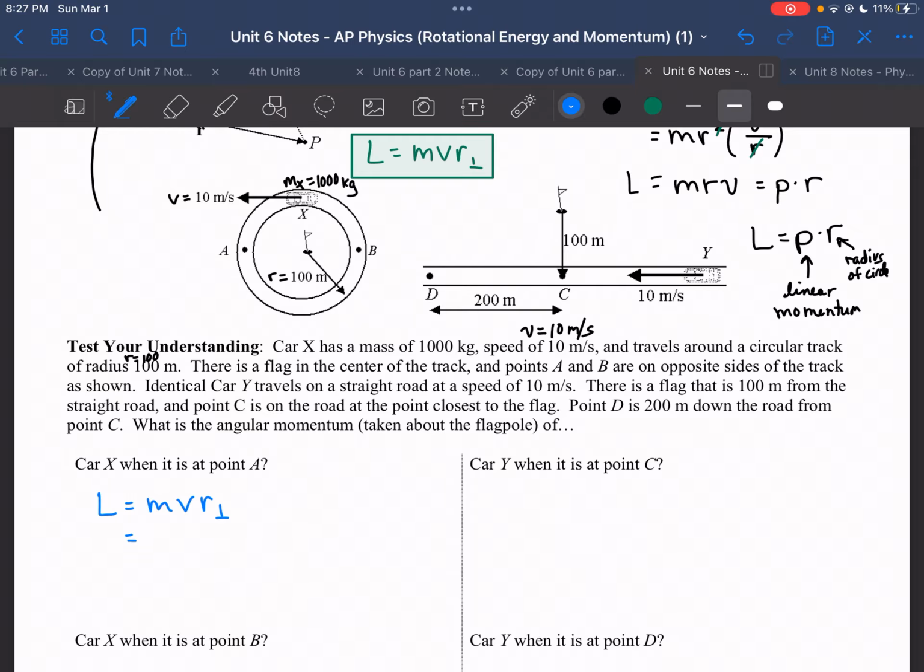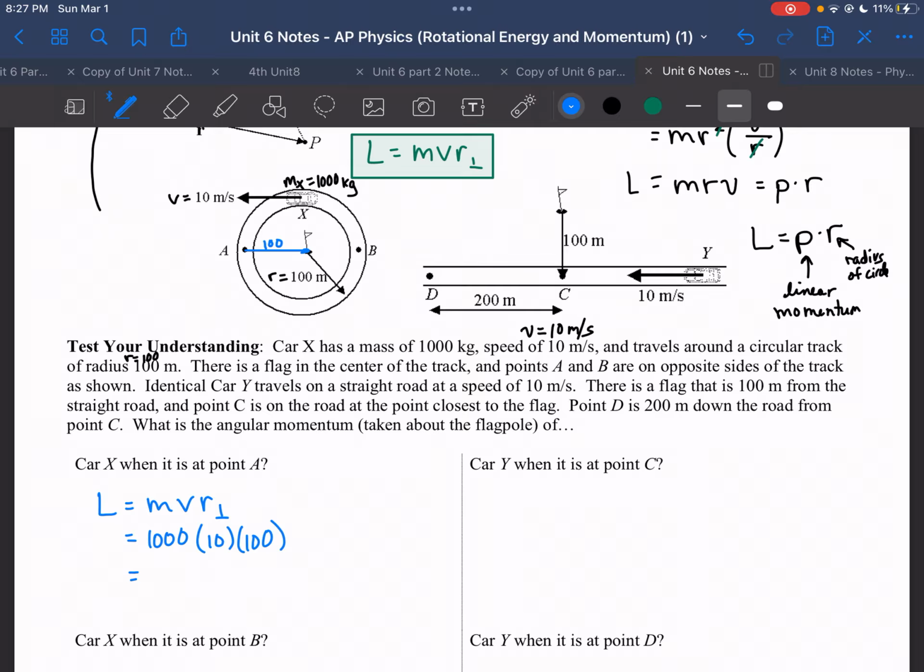So we have the mass, which is 1,000 kilograms. We have the velocity, which we know is 10 meters per second. And then we have the radius, which is 100 meters. Now the reason I can say that it's 100 is because since this is a circle, the radius to point A is still 100 meters.